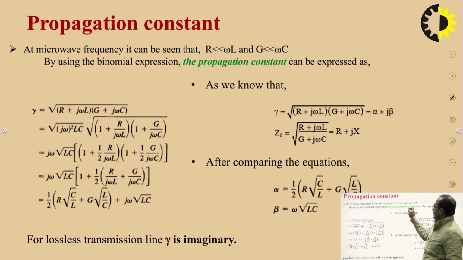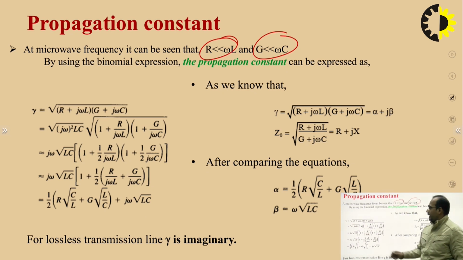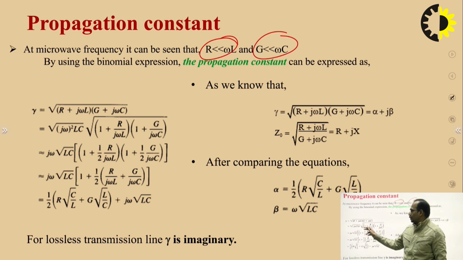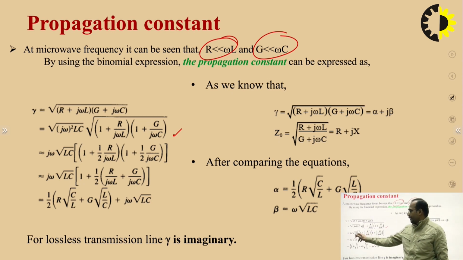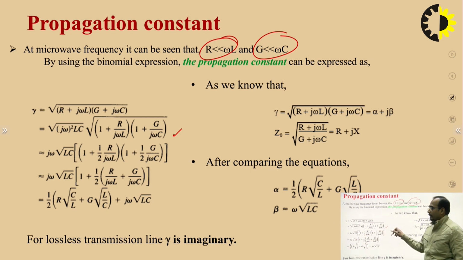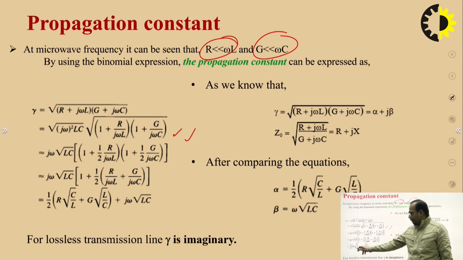I have considered R less than omega L and G less than omega C. So this will be equal to under root j omega square LC, times 1 plus R by j omega L, times 1 plus G by j omega C. After calculation, I will get j omega under root LC times 1 plus this, after expanding using the binomial expansion. So I will get 1 by 2 R under root C by L plus G under root L by C plus j omega under root LC.